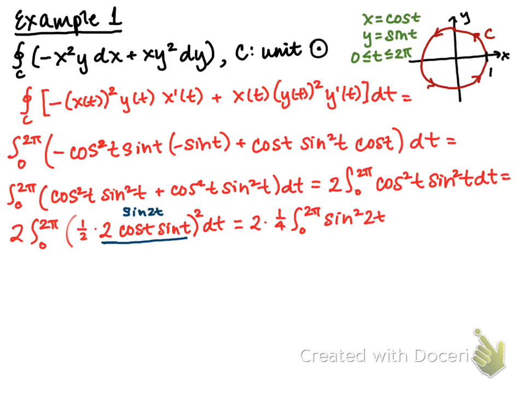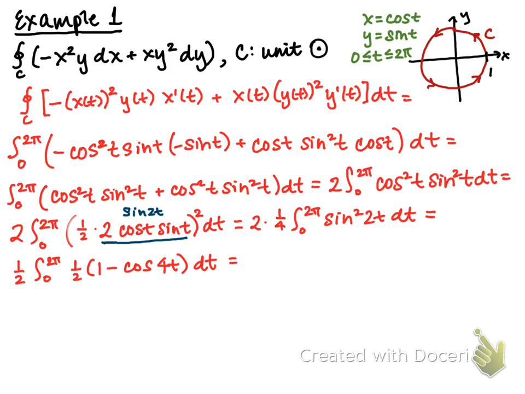And now I do have to use the half argument property. Sine squared a is a half, 1 minus cosine of 4t dt.